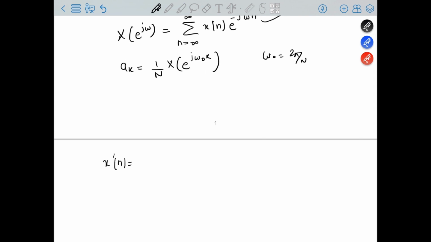We can write x tilde n as summation over k of 1 over N times X e raised to the power j k omega naught, multiplied with e raised to the power j k omega naught n.